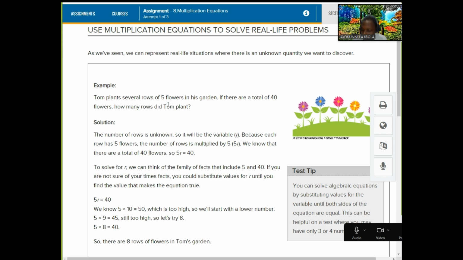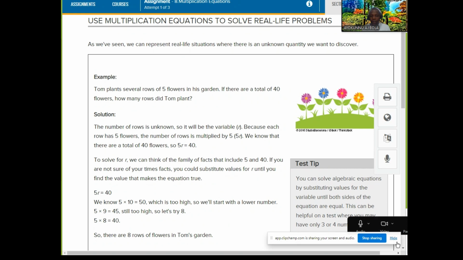Okay, let me see. Give me a few seconds. To continue this, we want to solve for the number of rows.